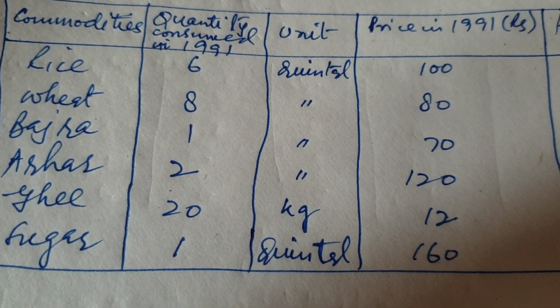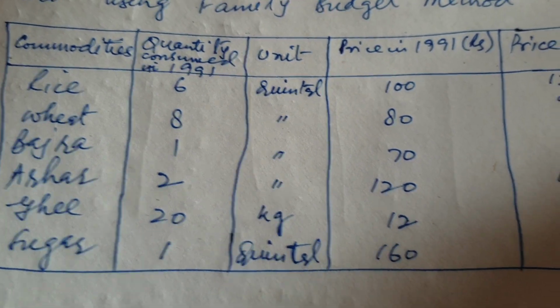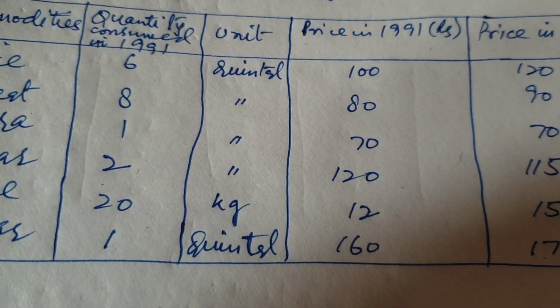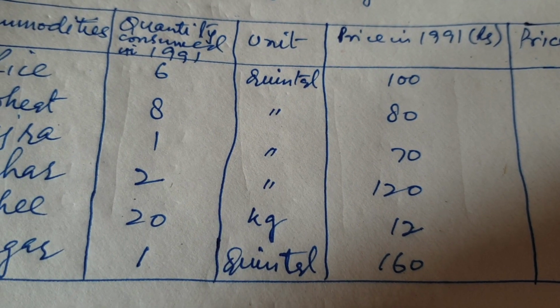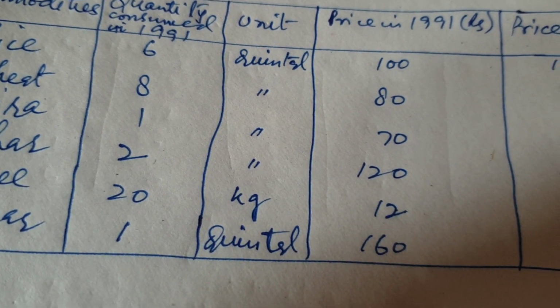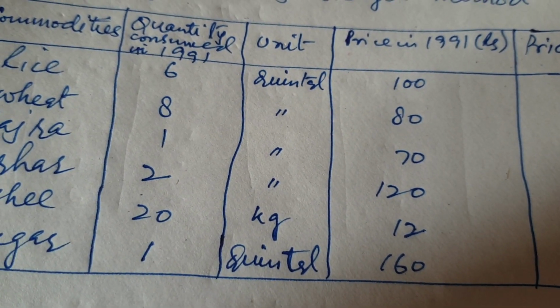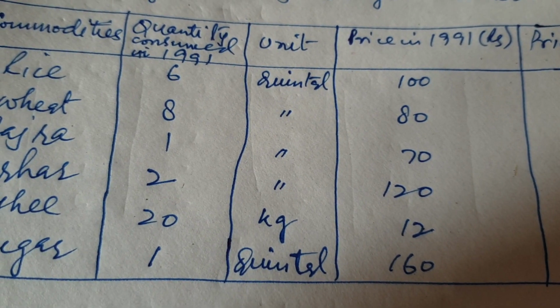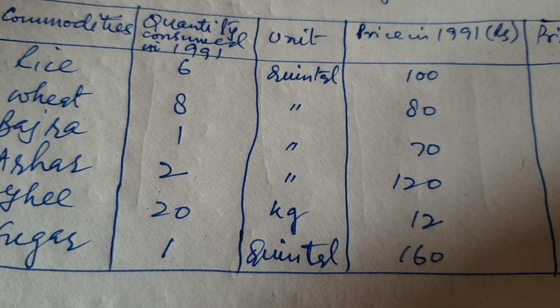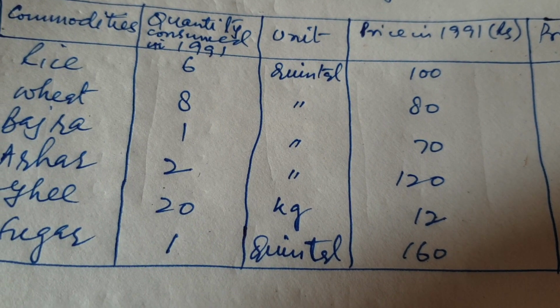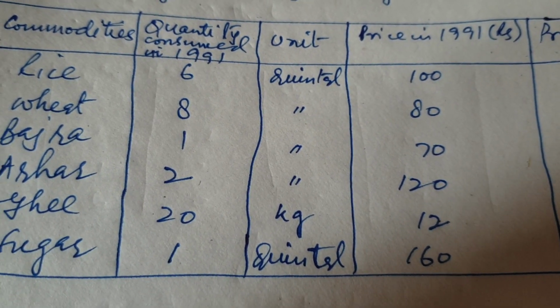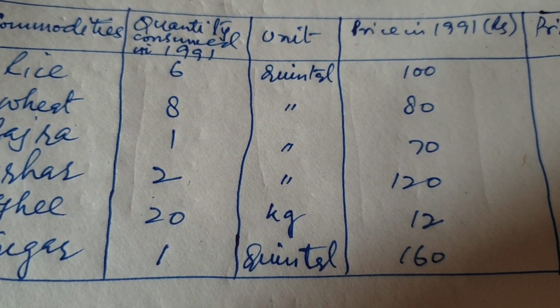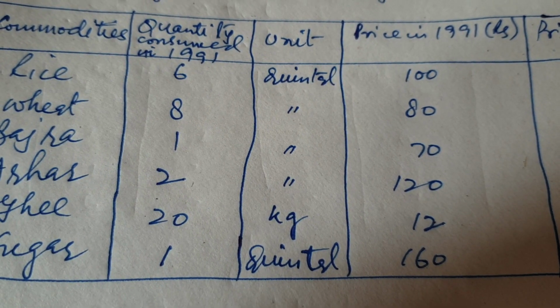Now the prices are in rupees. For 1991, the price is also per unit: it is 100 rupees per quintal for rice. For wheat it is 80 per quintal. For bajra it is rupees 70 per quintal.